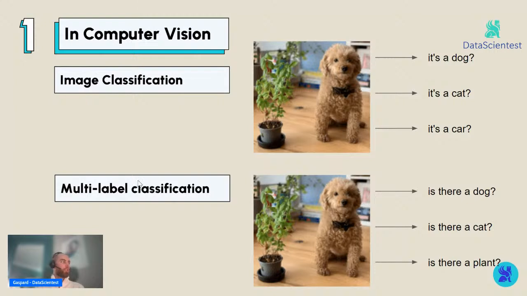We do not see that as often, and it requires a bit more work on the network. But basically the question we would want to answer is: is there a dog, is there a cat? So you can have multiple labels for one image.